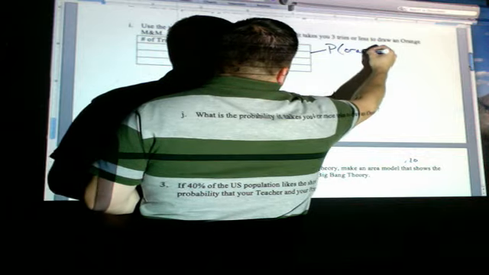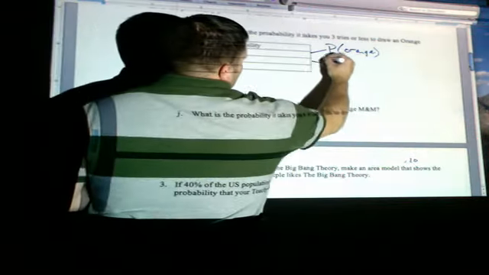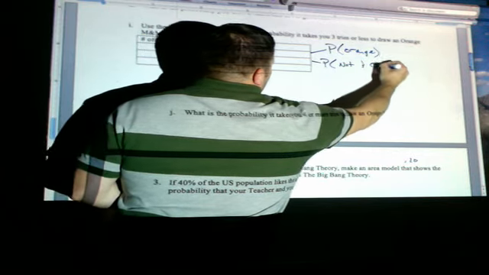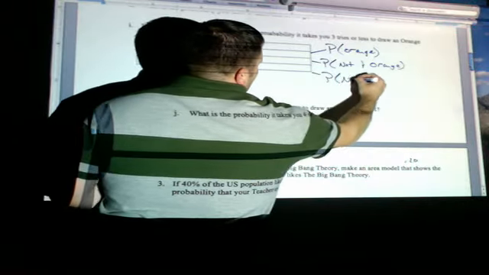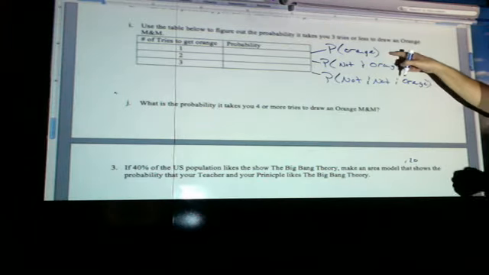So 1 try is the probability of orange. 2 tries is the probability of not orange, because I didn't get it on my first try, and then orange. Now if it takes 3 tries, that means it's the probability of not orange, and not orange, and then orange.